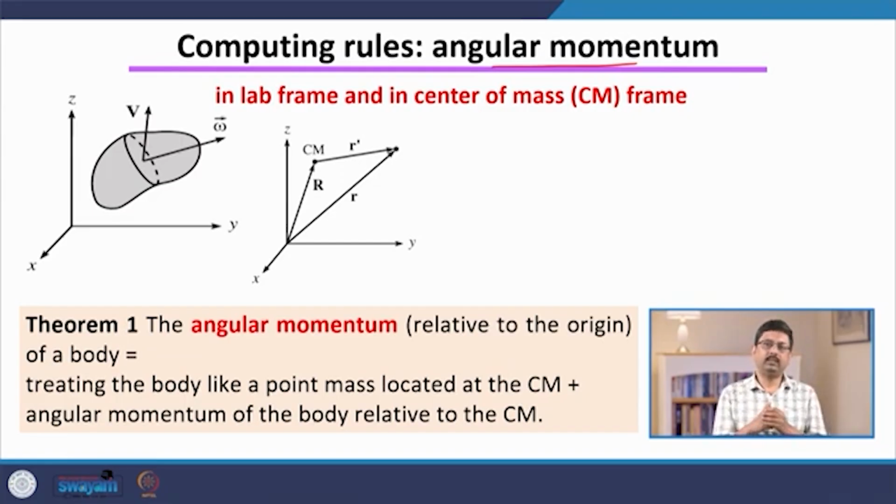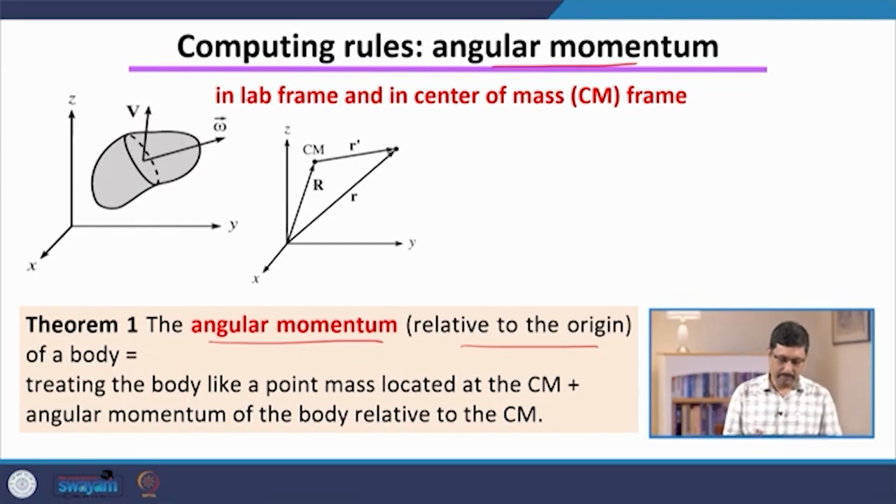In a very general setting, this is true not only where the direction of angular velocity is fixed, but also where the direction of angular velocity can change. There is a theorem called the Chasles theorem, which says that the angular momentum is relative to the origin in our lab frame, which is an inertial frame in which Newton's first and second laws of motion are valid, and which has a fixed origin.